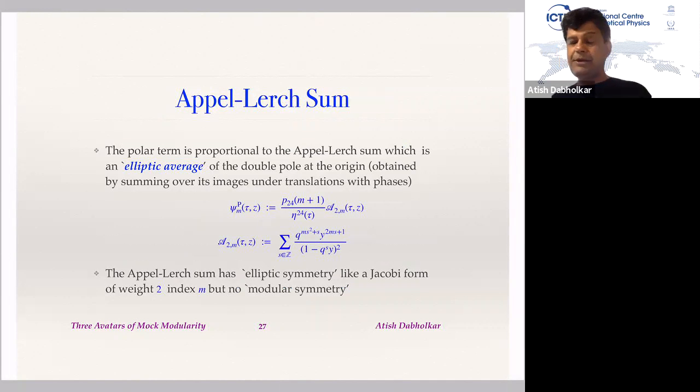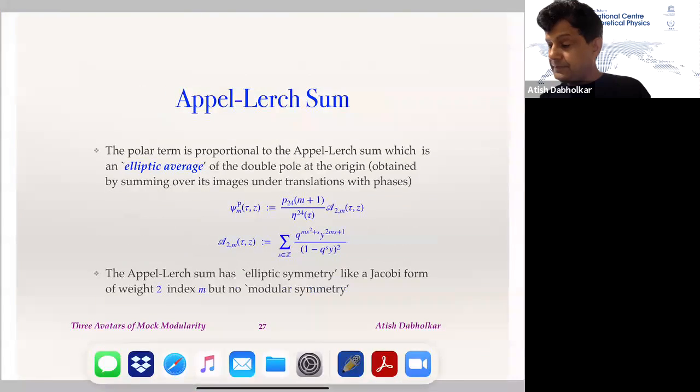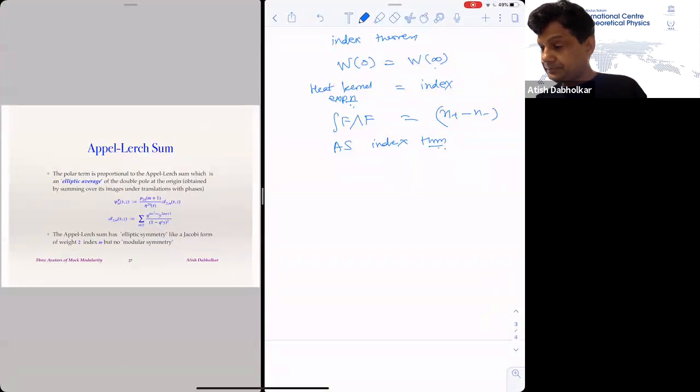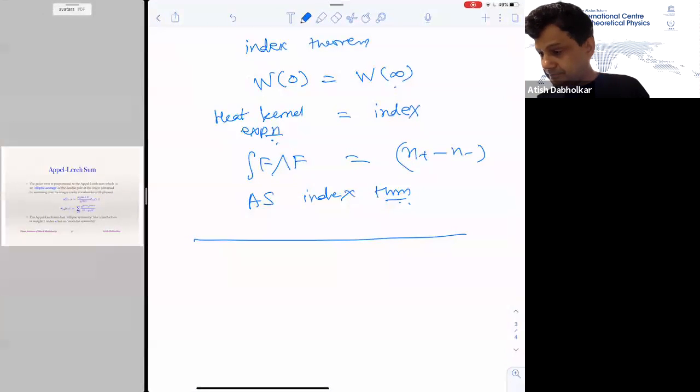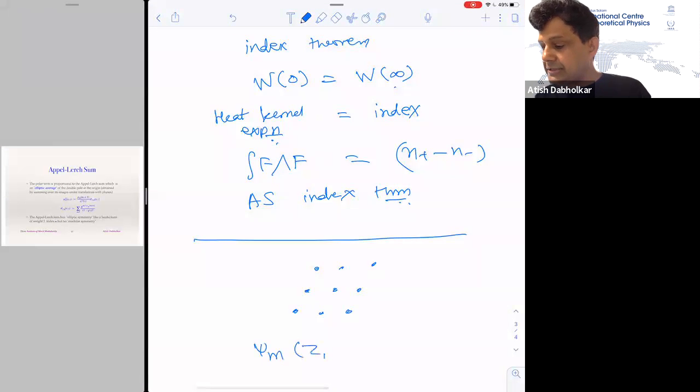So what is an Appell-Lerch sum? You see, this function that I told you has a double pole. So basically it has a double pole at all these points. And at that point, the counting function goes as, roughly speaking, up to some overall factors, 1 upon z squared.